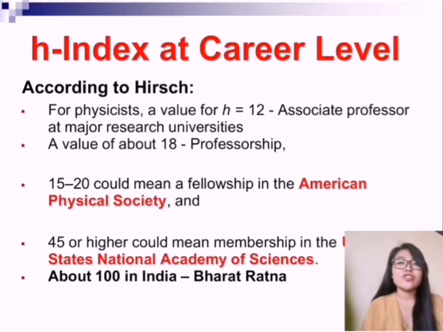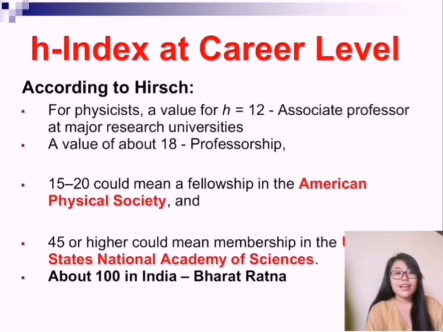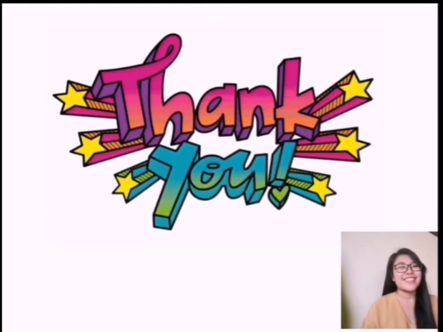Now, 15 to 20 could mean a fellowship in the American Physical Society, and 45 or higher could mean membership in the United States National Academy of Sciences. And in India, it should be about 100. I think the person, Bharat Ratna, had an H-index of 100. Okay. And that would be all for my presentation.